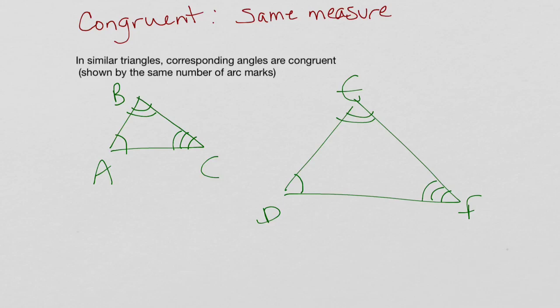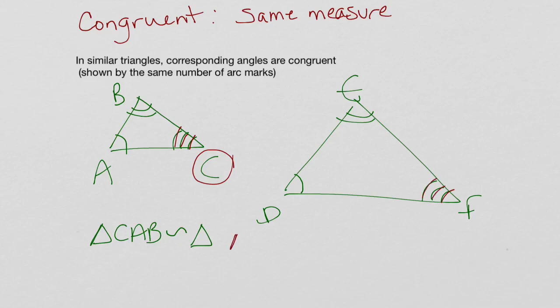I could have called it triangle CAB. If I call it triangle CAB, though, I have to name the other one in the same corresponding order. So you have to figure out what angle matches with angle C. This one has 3 arc marks, so I have to look at the other triangle and say, okay, this angle has 3 arc marks.